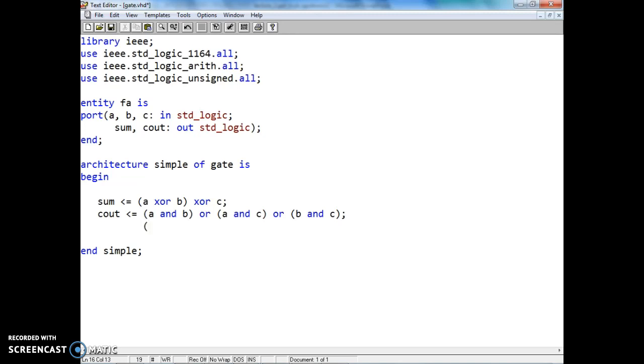So A and B are as well the same, but now OR, and then I will do the following. A or B and C. Is it the same?